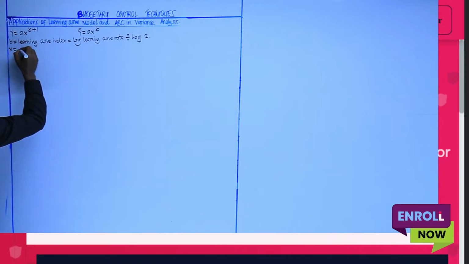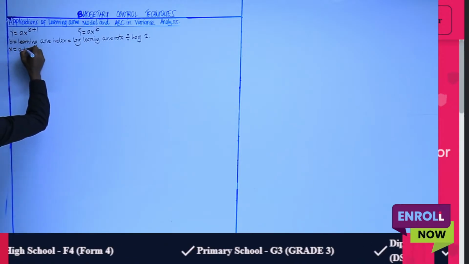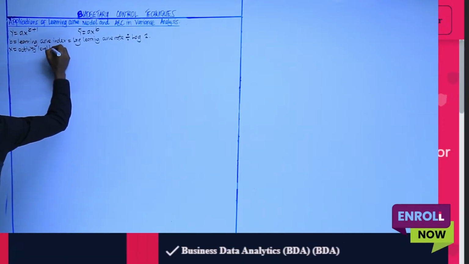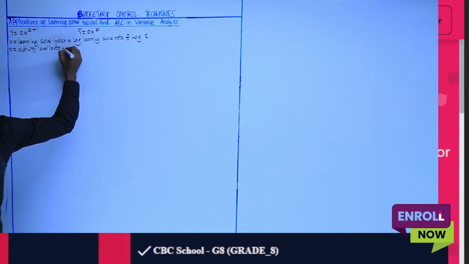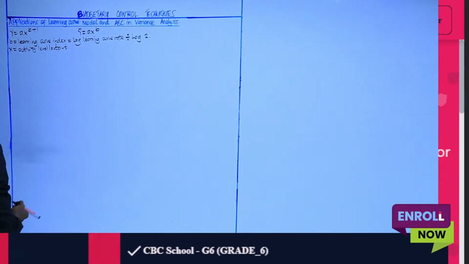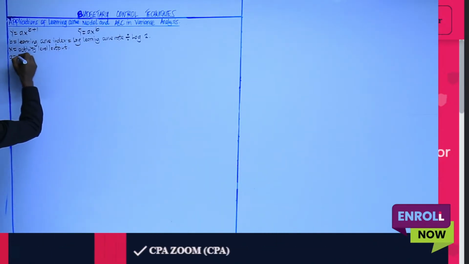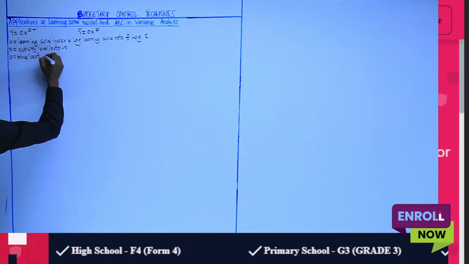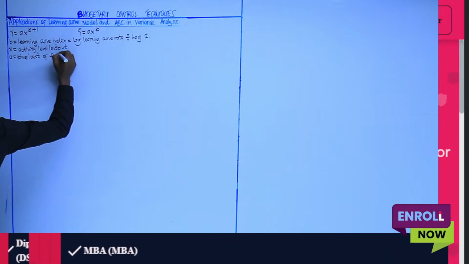X we said is the activity level or your output. A is the time or cost of the first unit of production.